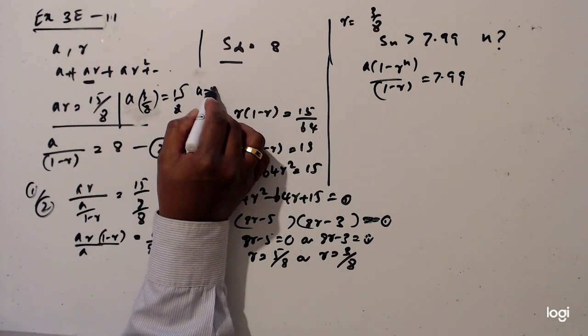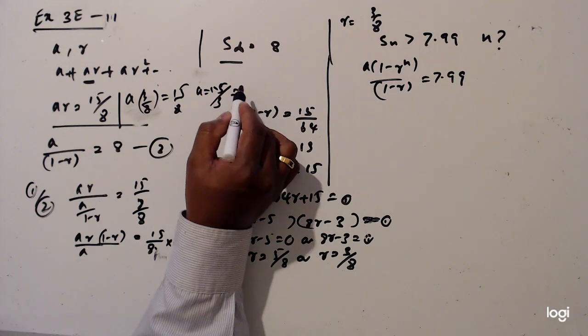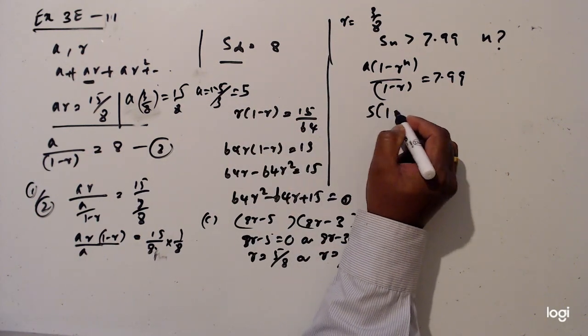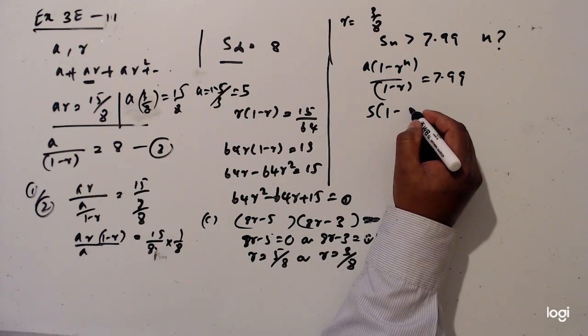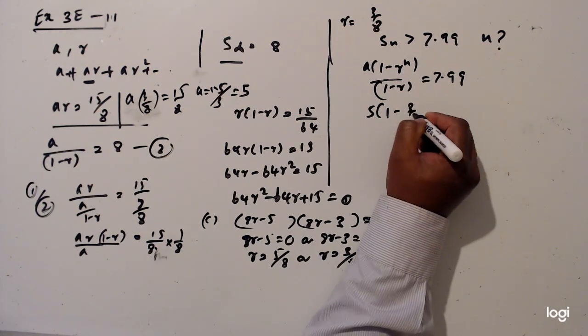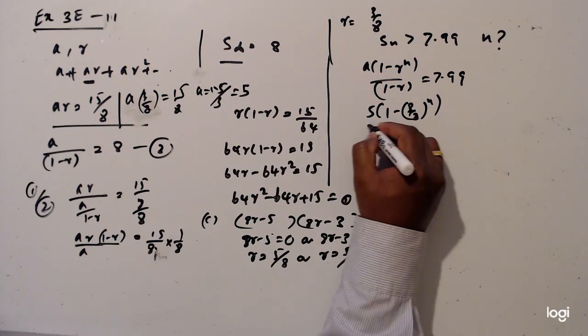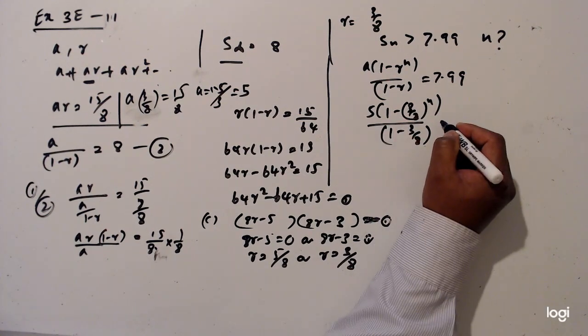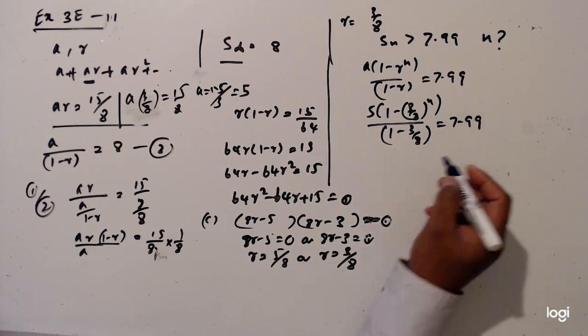A equals 15 divided by 3, that is 5. So this is 5 times 1 minus (3 over 8)^n over 1 minus 3 over 8 equals 7.99.